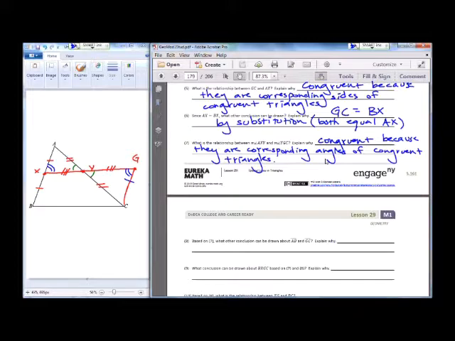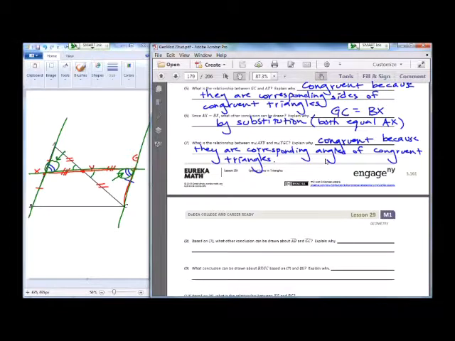Number eight says, based on number seven, what other conclusion can be drawn about segment AB and segment GC? Well, this one's a little tricky. If you look at this angle right here and this angle right here, and you think about this and this as two lines, and about XG as a transversal, then you would say that these two angles are alternate interior angles. You may not have seen that before, but they are alternate interior angles.